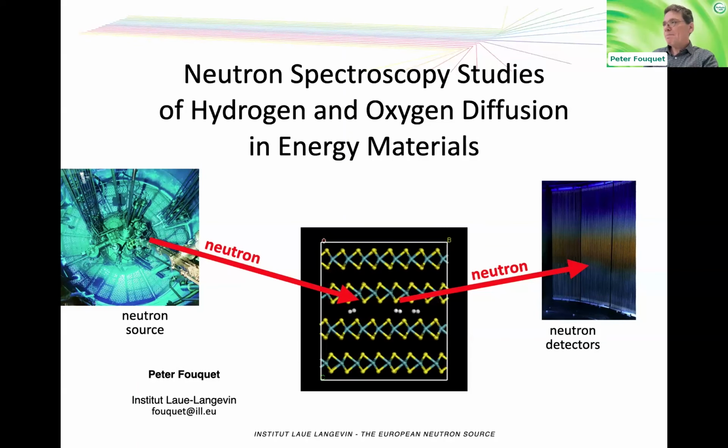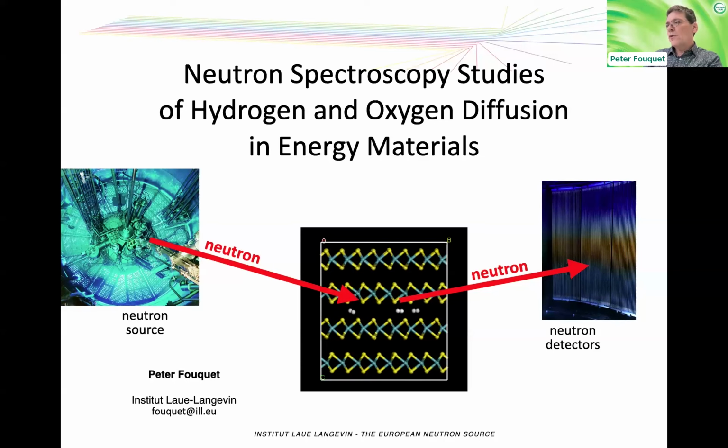So today, our aim is to have a look at what neutron scattering can do, and specifically neutron spectroscopy, because we had already two talks by neutron experts. They were covering what you can do with, in particular, small angle scattering with Sarah Rogers, and Ralph Gillis talked about battery applications.